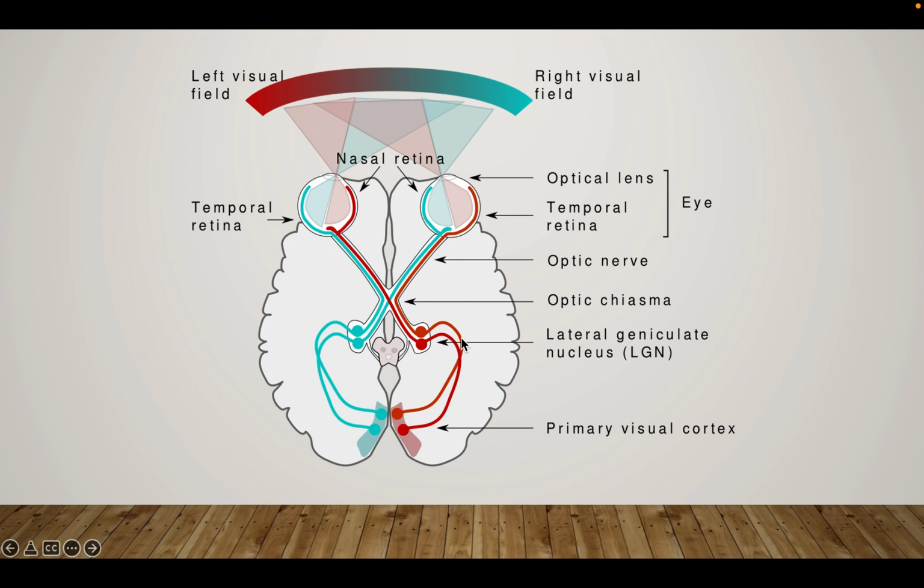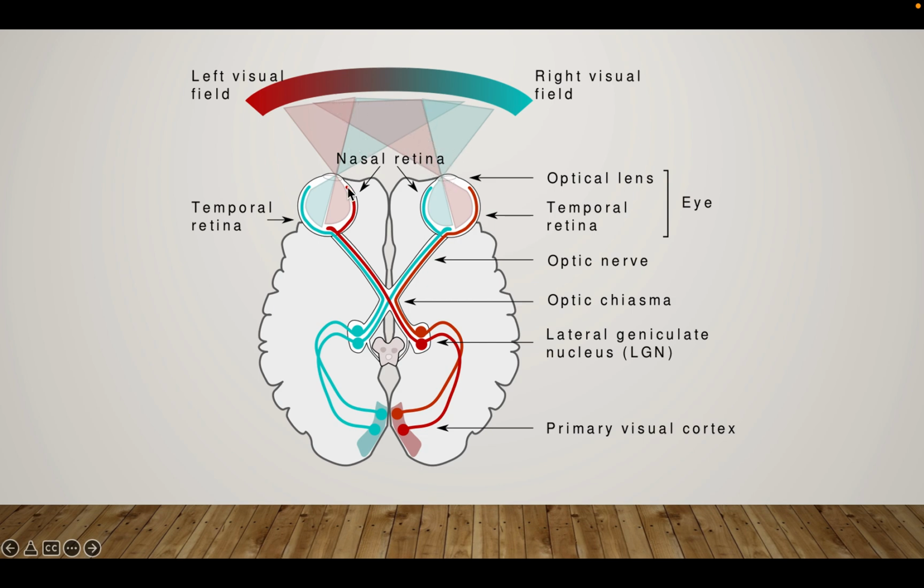Okay. Now, your retina, whether it's temporal or nasal, remember I said temporal is more lateral, nasal is more medial, it will receive and be stimulated from kind of its opposite visual field. So what I mean here is that your temporal retina, which is more lateral, is going to be stimulated by information from your more medial visual field.